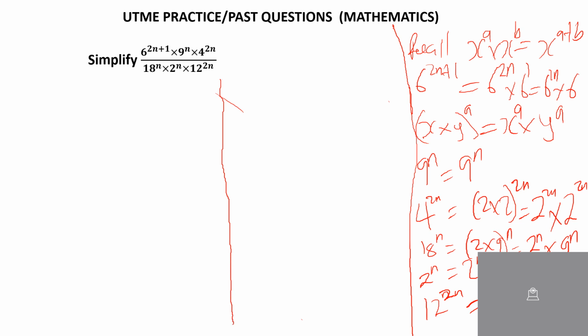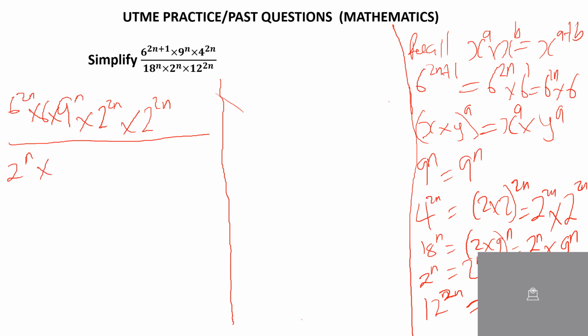Instead of 6 raised to the power of 2n plus 1, I'll write it as 6 raised to the power of 2n times 6, times 9 raised to the power of n times 2 raised to the power of 2n times 2 raised to the power of 2n, all over 2 raised to the power of n times 9 raised to the power of n times 2 raised to the power of n times 2 raised to the power of 2n times 6 raised to the power of 2n. So at this stage, I will cancel.